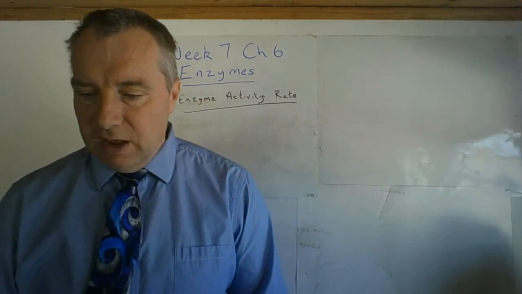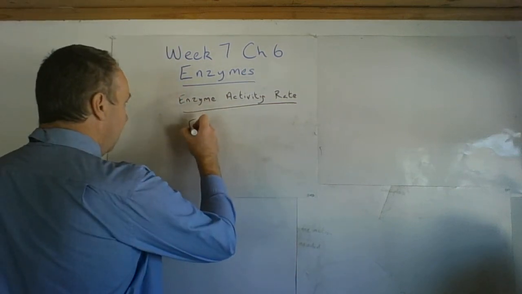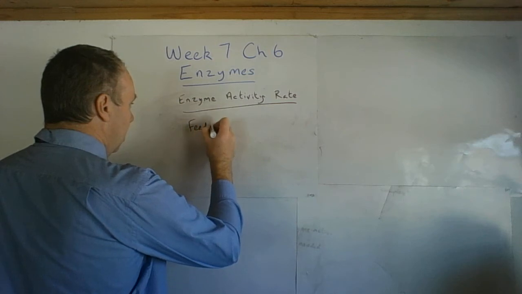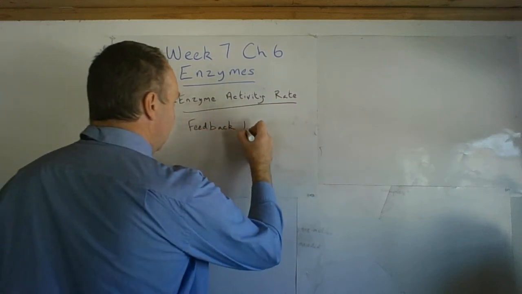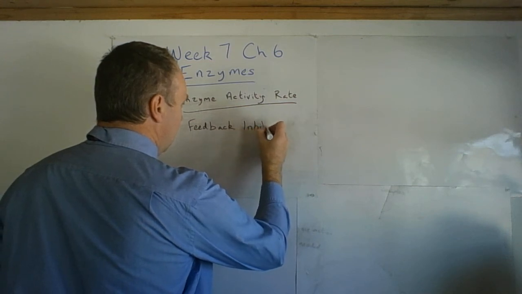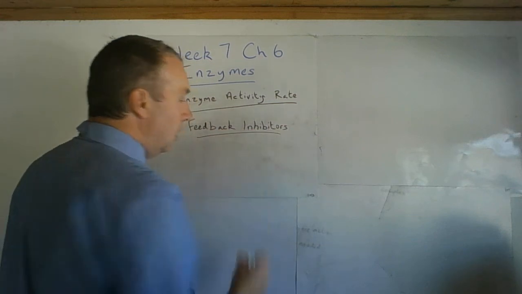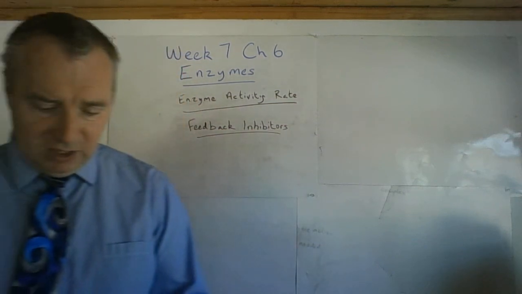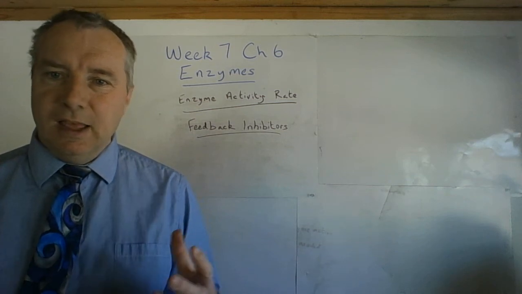So now we have feedback inhibitors, another thing that slows the enzyme activity rate. When you think about feedback inhibitors logically, it makes a lot of sense.